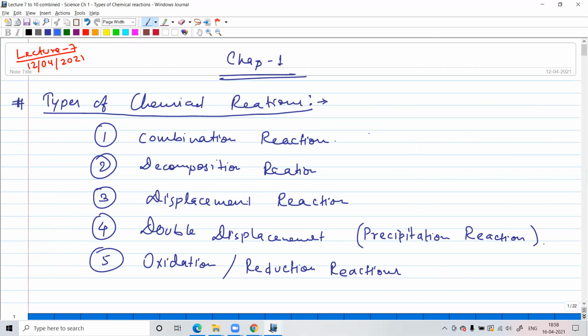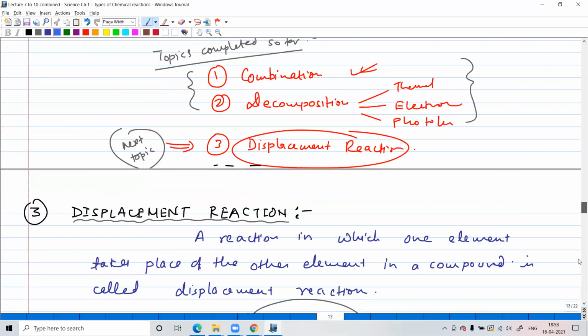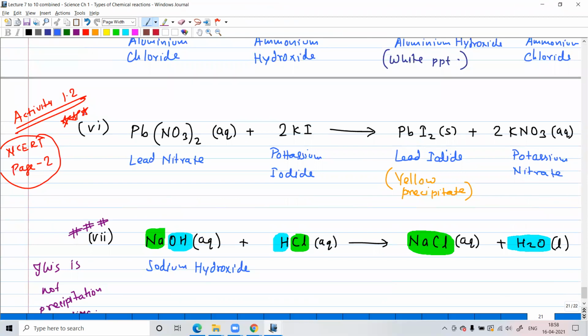So anyone has any questions? Tell me. Sir, in the sixth example with lead nitrate, potassium iodide is in the form of what, sir? Repeat your question once more, I couldn't hear you. In the sixth example of double displacement reaction, where we use lead nitrate and potassium iodide. Potassium iodide is in the form of, is it solid? The state you are talking about, so it's in solid state.